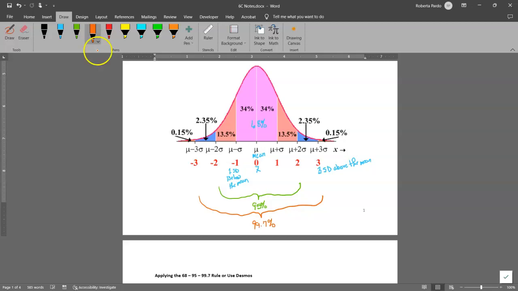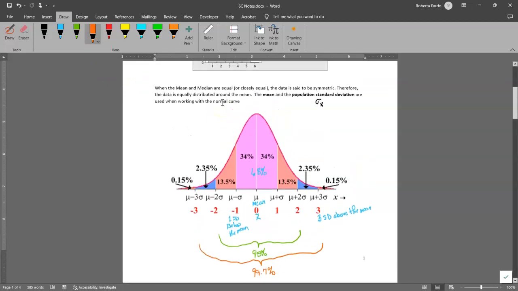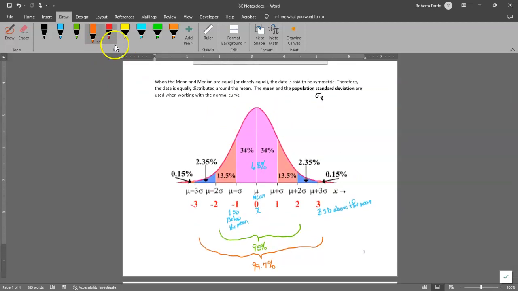Remember that because the mean and the median are equal, this mean line can also be considered the median, and median is half. So 50% of the data would fall below the mean, and 50% of the data falls above the mean.